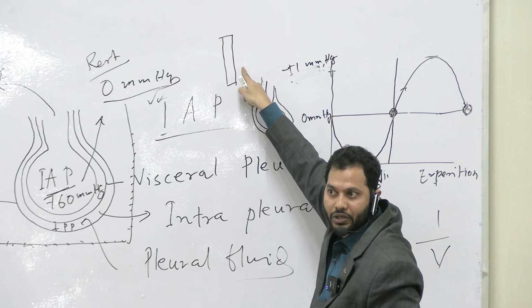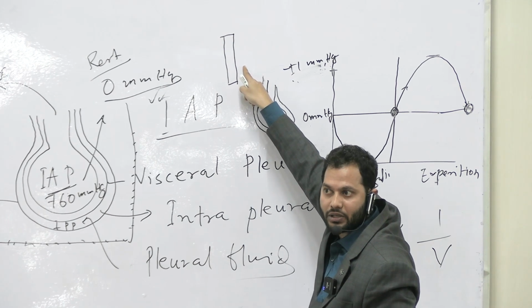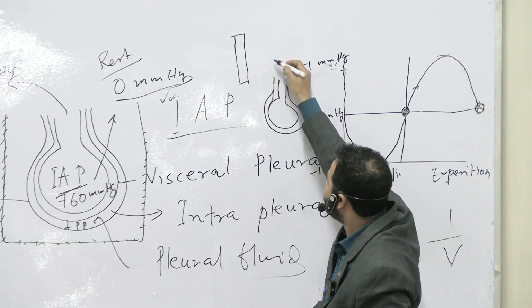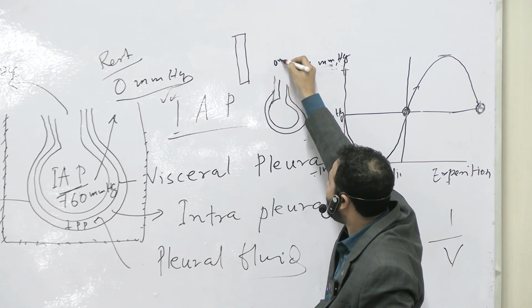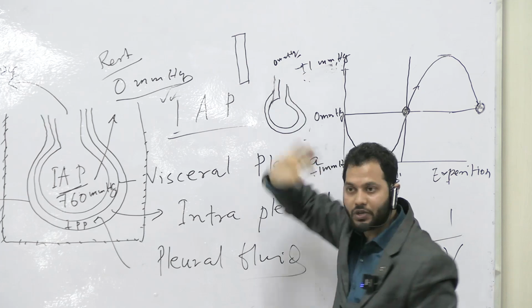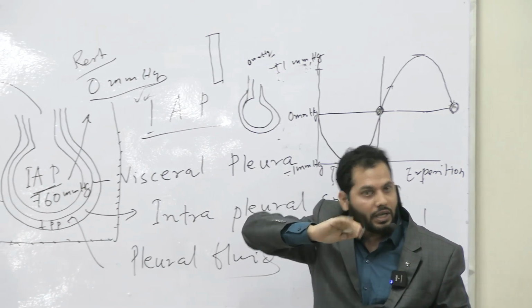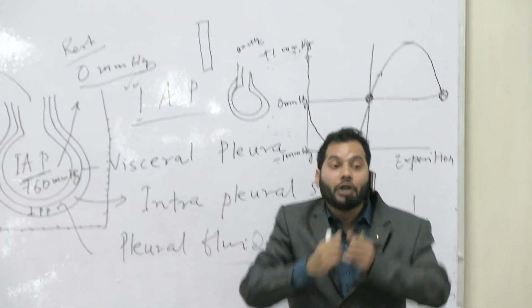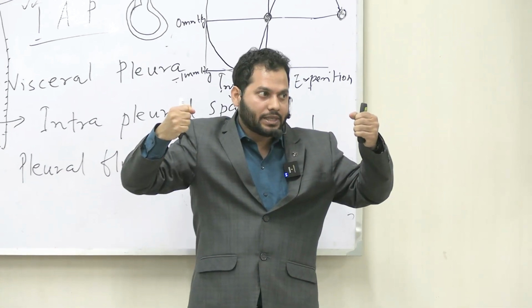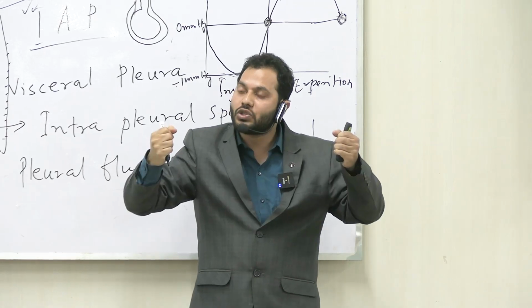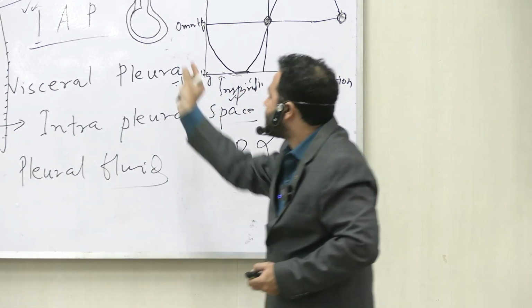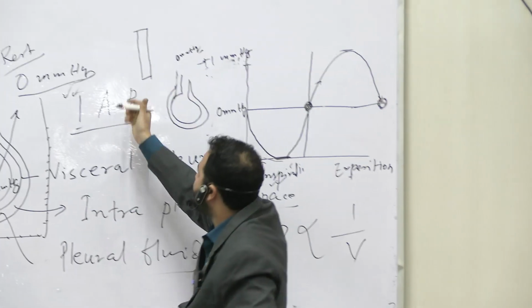At resting state, the pressure is, suppose, 0 mmHg, right? Means, again, there is no pressure difference. But due to opposing forces, there is a change in the volume of this space, the pleural space.